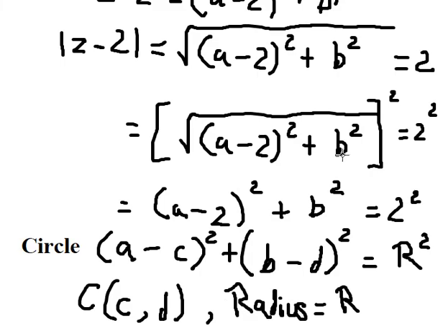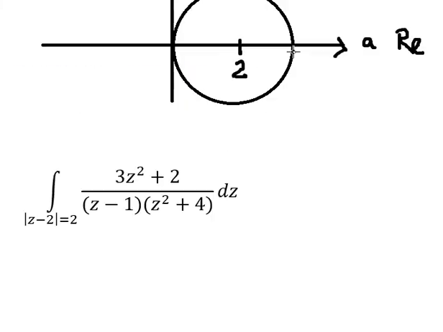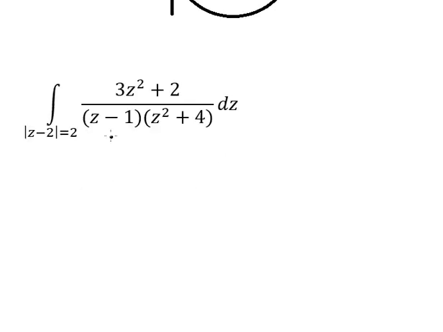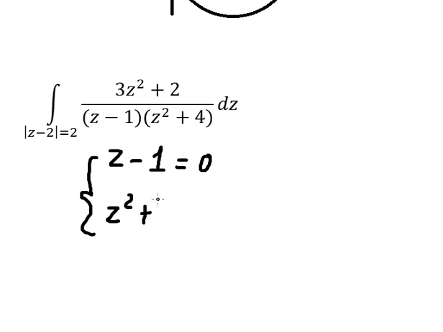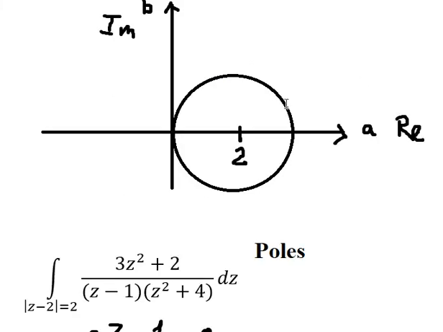Now we have this one. The next thing we need to consider is the denominator. We need to set z equal to something here. So we set z minus 1 equal to 0 and z squared plus 4 equals 0, because we need to find which poles are inside the contour.